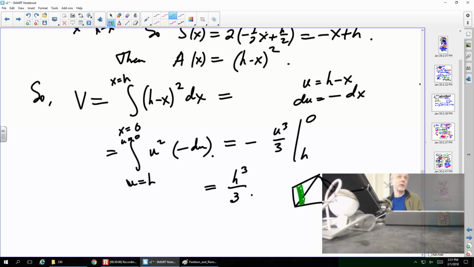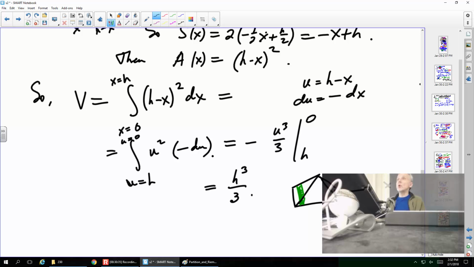Okay, but then look at what happens to the cross sections. So what are the cross sections? I'm cutting the pyramid with the vertical cuts. I tried to make a picture here. It's not ideal here, but you try to imagine. Would it be like a rhombus?